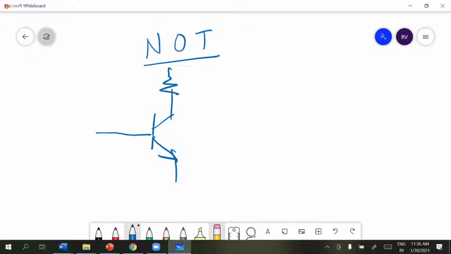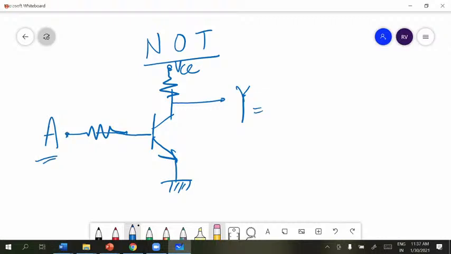One resistor here, one VCC. It is one simple circuit. You can take the output here. Here, this is the A input, and this is the Y output.